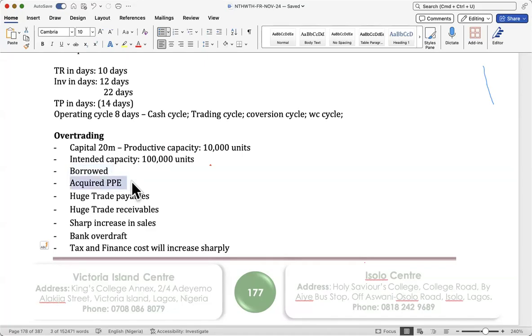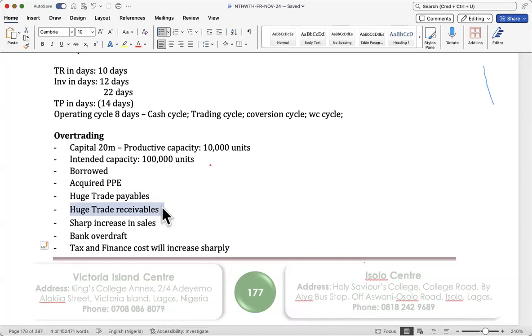Two, all these assets you have bought, sell some of them. Meet these trade payables and see if they can also extend additional credits. Explain to them, let them know that you have huge trade receivables. And these trade receivables, the best bet for him is to get the service of a factor.